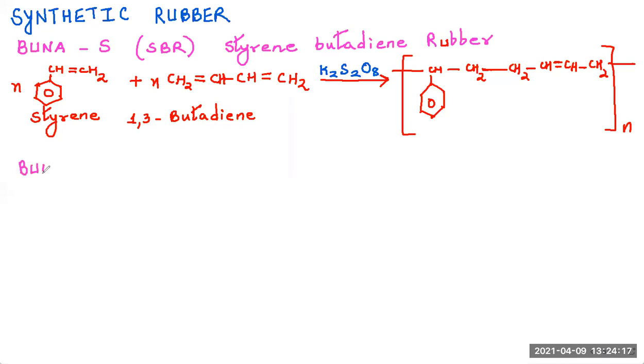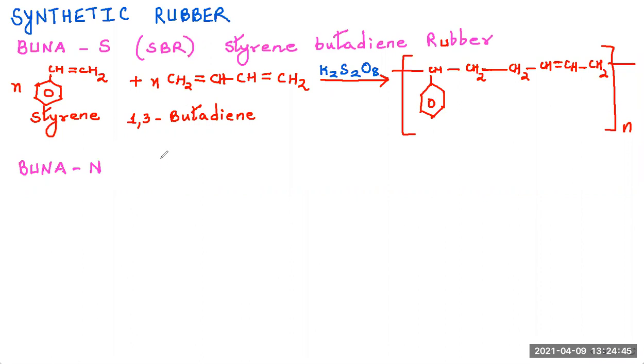You remember you were finding it so difficult earlier. You told me. Chalo, Buna-N. Can you guess what I should take? Acrylonitrile. Buna-S is the same, butadiene, and it will be acrylonitrile.